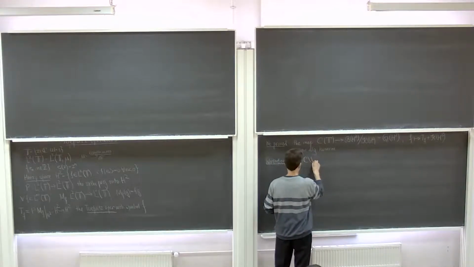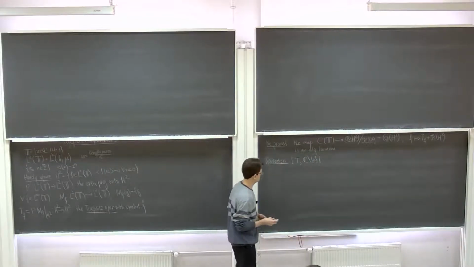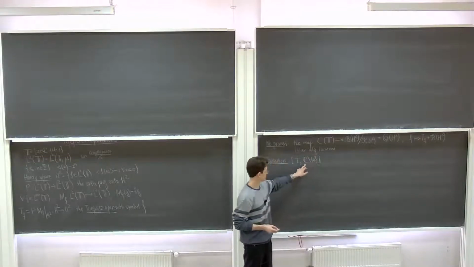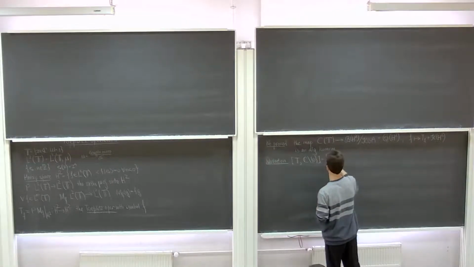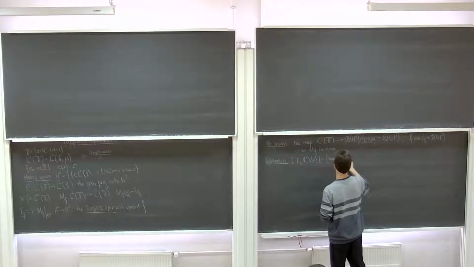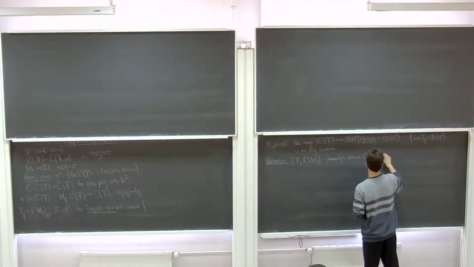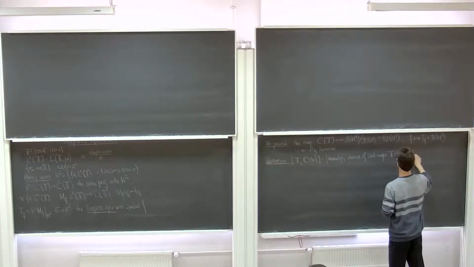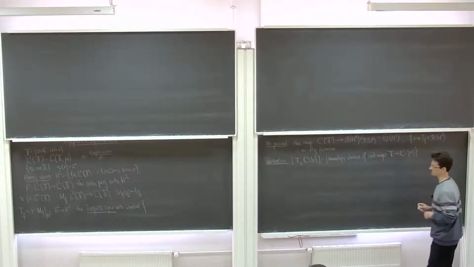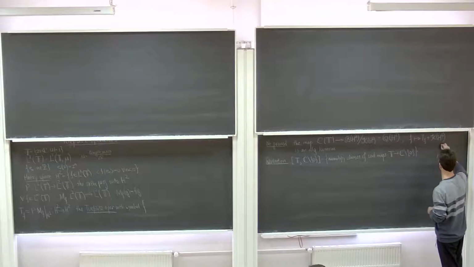We will be interested in the set of homotopy classes of continuous maps from the circle to the punctured complex plane. So basically they are loops in the complex plane that avoid 0.